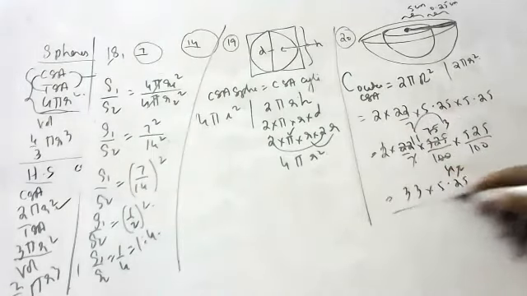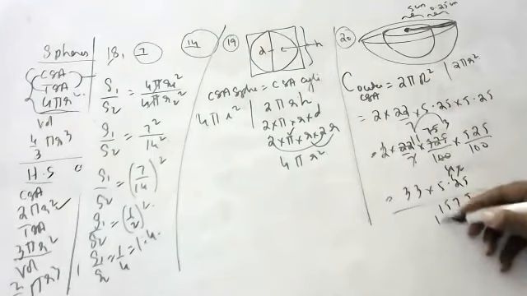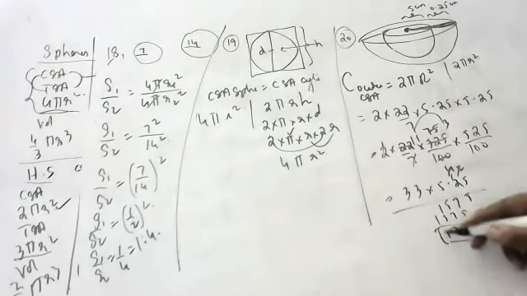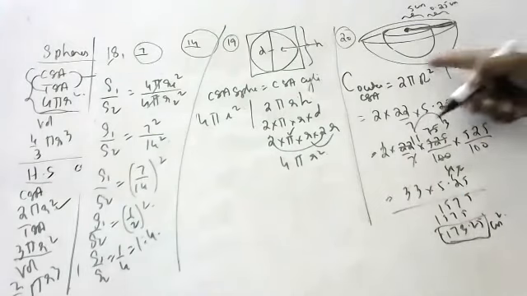Can anyone help me? Sir, 173.25. Correct. 173.25 centimeters square is the CSA of outer sphere.